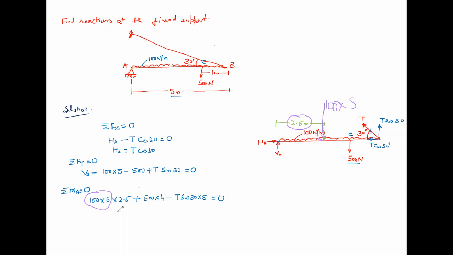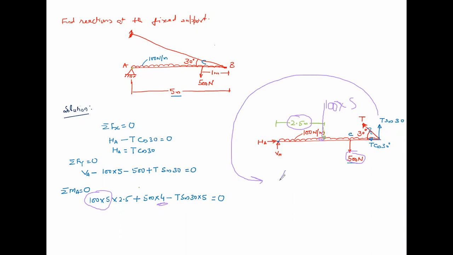So 100 into 5 into 2.5, plus this 500 force is also producing a clockwise moment. And what is this perpendicular distance? See, this is 1 meter, so from point A to C it will be 4 meters. That's why you are getting a distance of 4 meters in this term, 500 into 4. Now T sine 30 will produce an anti-clockwise moment, so for that we have to take a minus sign, minus T sine 30.